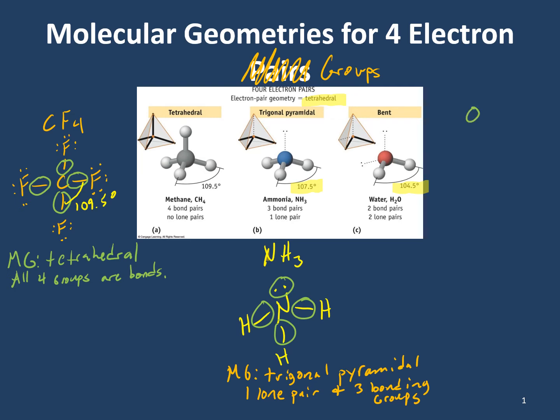If we look at H2O, its Lewis structure is still a tetrahedral electron group geometry because we still have four groups, 1, 2, 3, 4 groups around the central atom. But its molecular geometry is what we call bent. This occurs when we have two lone pairs on the central atom and two bonding groups.